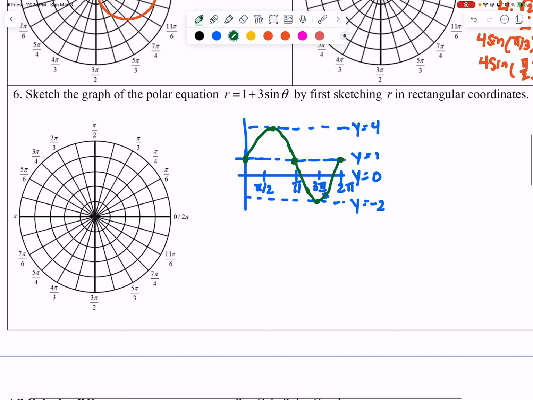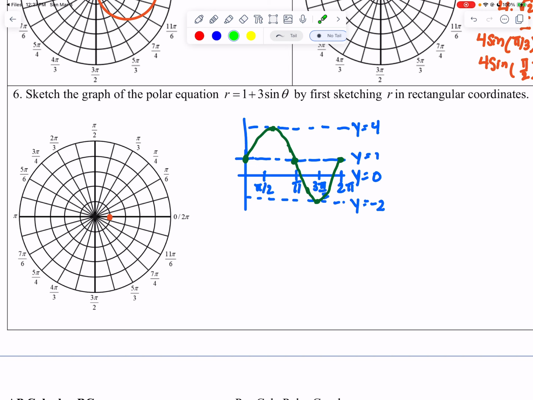Okay, so here's what we're going to do. Based off of my rectangular graph right here, we're going to convert this into a polar graph. Notice how at 0, we are starting at 1. So here, I am going to start at 1 right here. Now, you'll notice that from 0 to pi over 2, we are increasing.